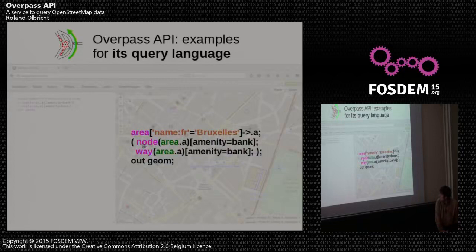You have to search for the node when the bank has just been mapped as a single point of interest, but you also have to search for the way in case that it is mapped as a building. Oh, it's a subtlety I haven't written on the slides.